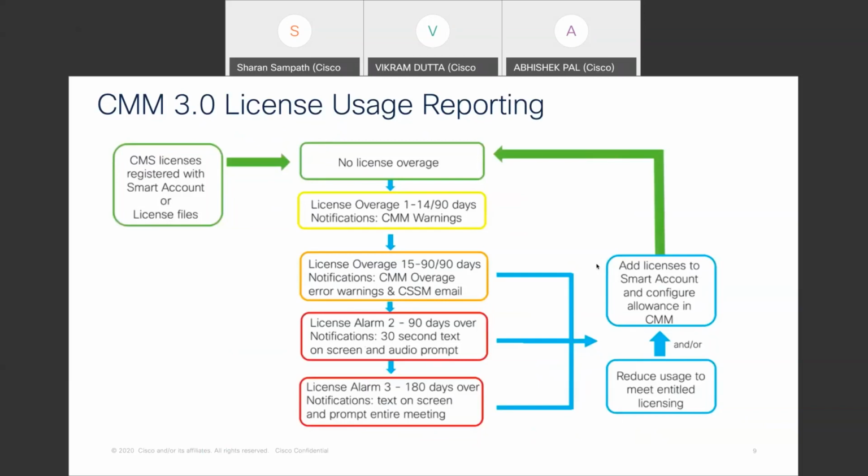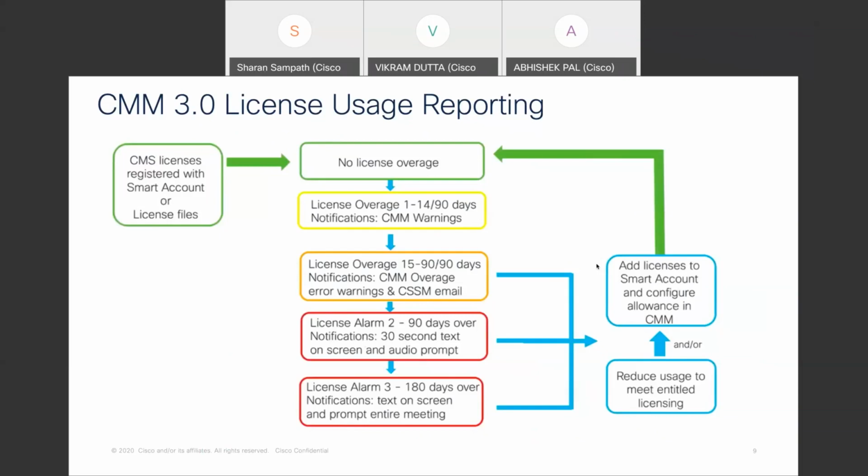The CSSM will also send out email notifications to the corresponding email account stating the same information. And if this same behavior continues for another 90 days, assuming that you did not add more licenses or reduce your usage, that is when the enforcement will actually take place.